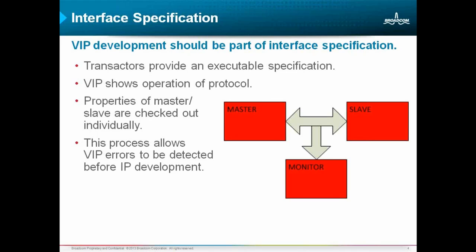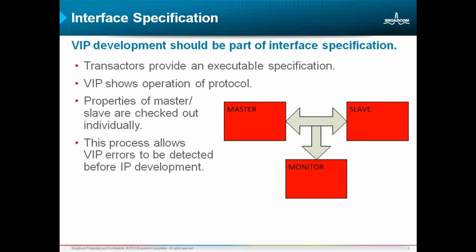We typically construct a test bench for the verification IP, which looks a bit like this diagram, where you've got a master and a slave, and the monitor running tests through those, taking them through the transactions, making sure we get coverage, making sure that your bus functional models can actually drive into coverage corner cases as well.